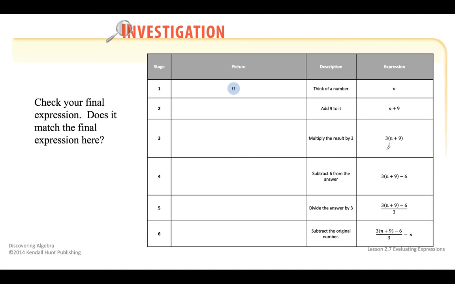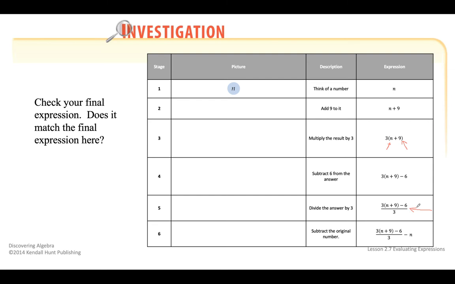One of them is that I want you to notice the parentheses that are grouping the n plus 9 together. So when I multiply by 3, I put the n plus 9 together in a set of parentheses because that means I'm taking all of that and doing that times 3. The other thing that I want to point out is my division bar here, my fraction bar.